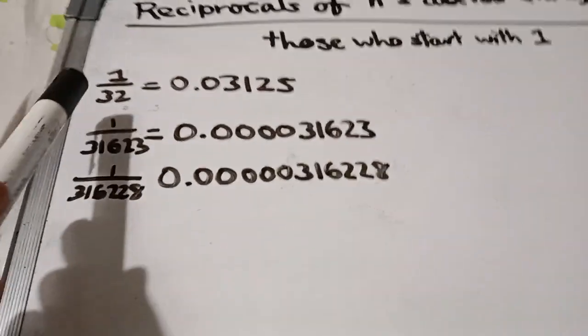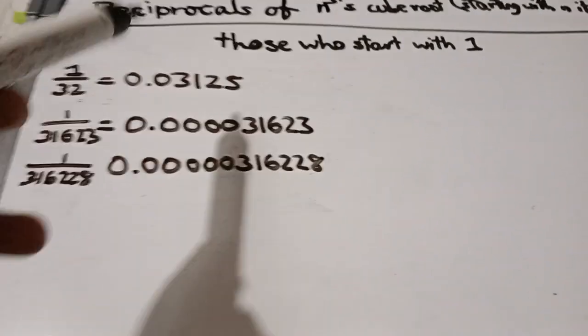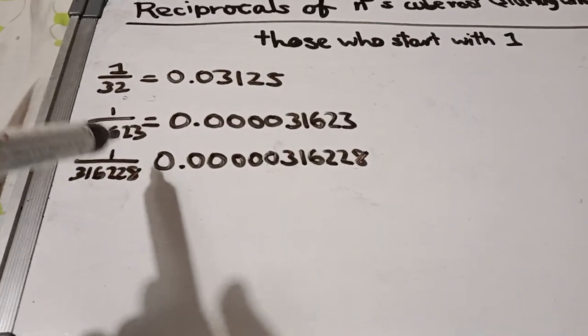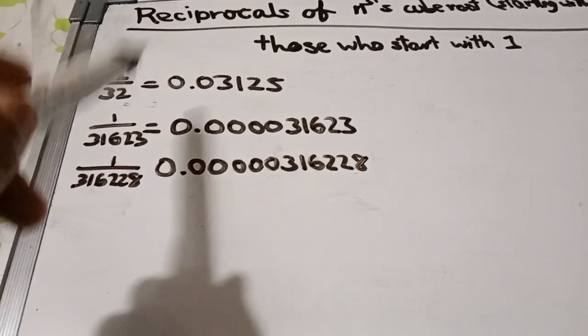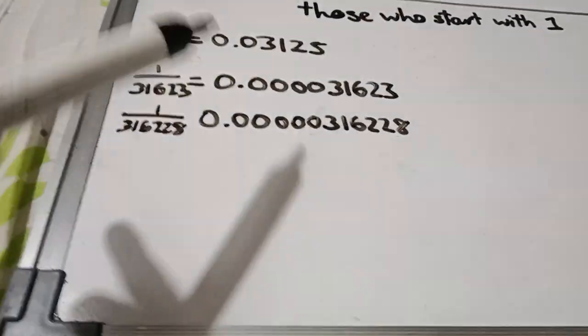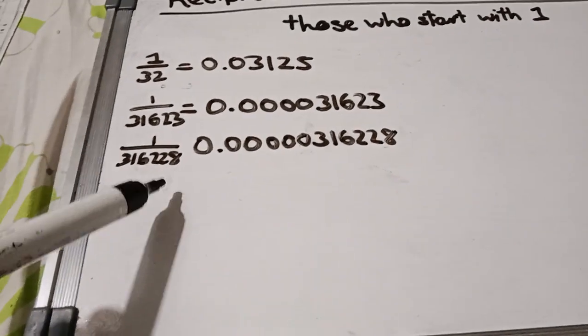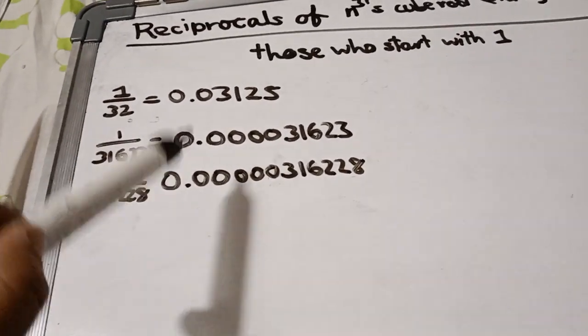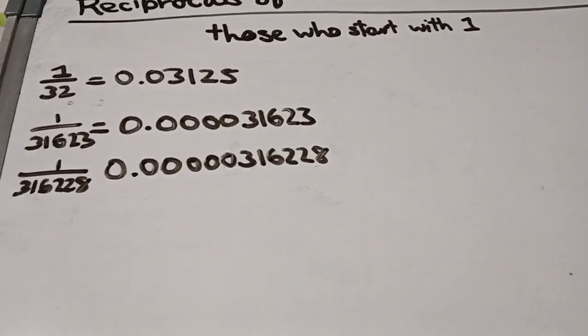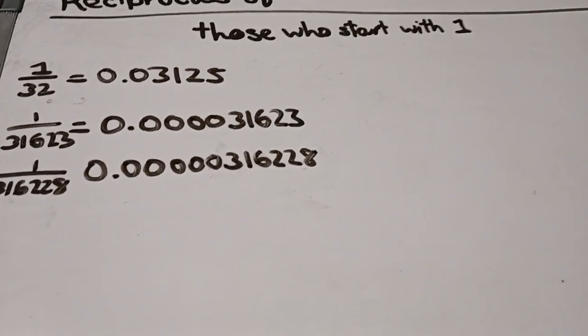So 1 divided by 32 is 0.03125, and then 1 divided by 31,623 is 0.000031623, and 1 divided by 316,228 is 0.000031628. So actually, why is this happening?